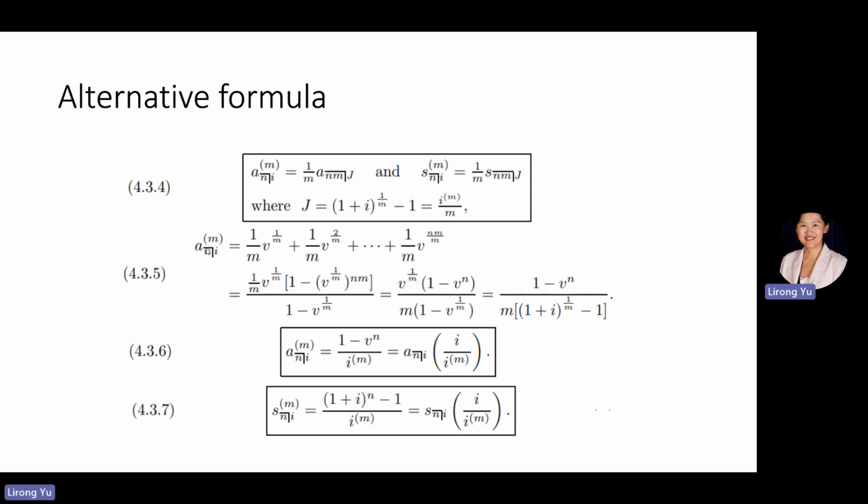With that, you can see the formula for this a-n is a present value calculation. The payment is 1 over m, and v is the discount factor per payment period. Using the formula that we had before, we're able to derive formulas 4.36 and 4.37. They're both the present value and future value for this annuity that has more frequent payments than the interest period.